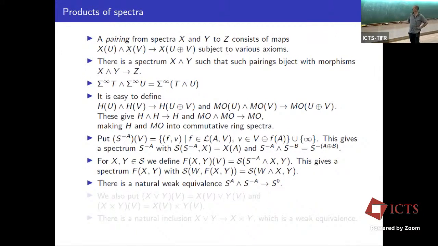There is a natural map from S to the A smash S to the minus A to S0. It's kind of easy to write this map down. It's not an isomorphism, but it is a weak equivalence. So in the homotopy category, we can say that S to the A smash S to the minus A is just S0.